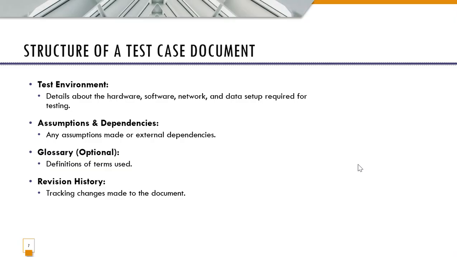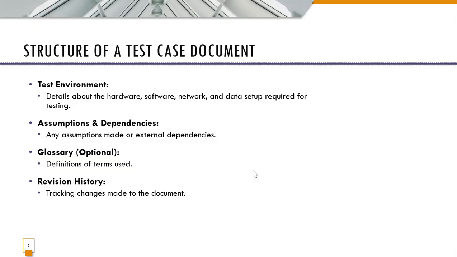If you have API related changes, the system we are interacting with should be active and should continuously give a response whenever we hit the API. That kind of assumption is there. Then the glossary and notes, whatever words or short forms we use in that test case, should be mentioned there. And the revision history, tracking the changes made to the document. That part should be there.